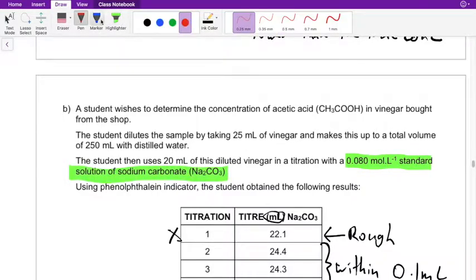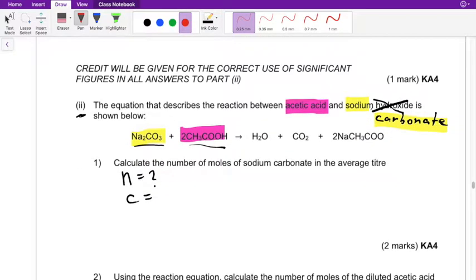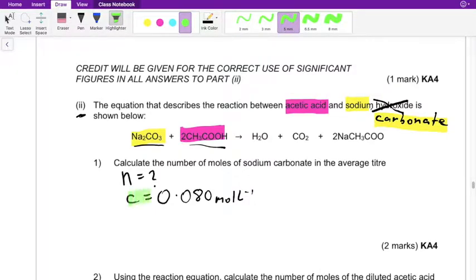So therefore, we're going to have a concentration of 0.080 mole per litre. I'm just going to highlight that in green so you know where it comes from.